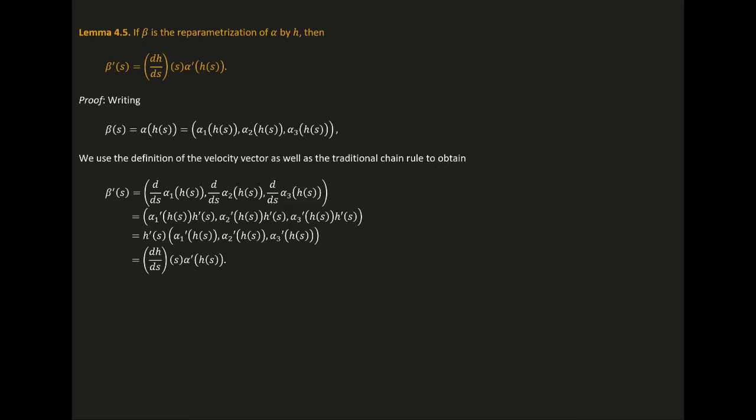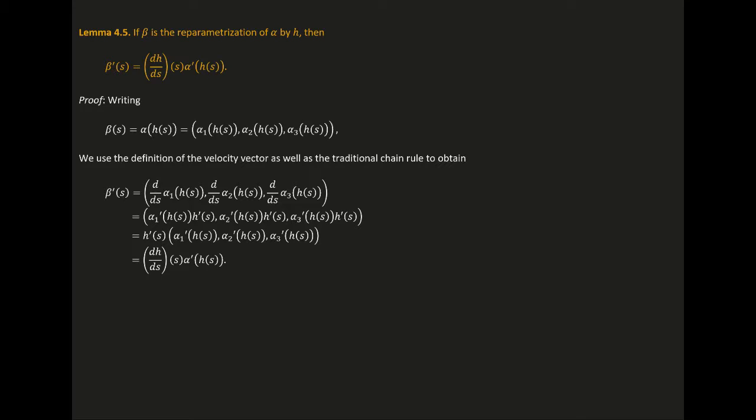To prove this, we'll write beta of s, which is alpha of h of s, in coordinates. Each of the components is alpha i of h of s. We use the definition of the velocity vector and just the traditional chain rule to obtain beta prime of s. We replace each of the coordinates with the derivatives of the components.